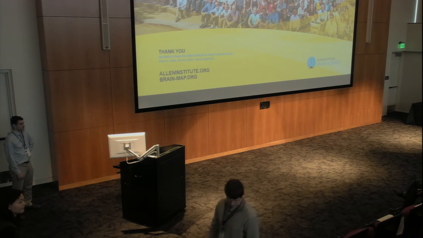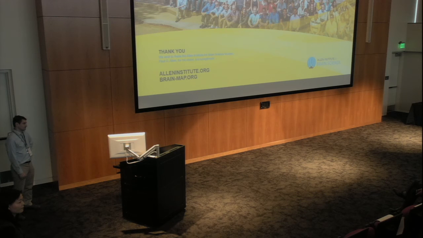Do you know how people in the outside community are using these data? I understand how you're using them, but how many people have gone to the site? How many people have played with the data? Have you gotten any feedback? I don't have web statistics off the top of my head. I think it's like 3 million page views of the cell types.